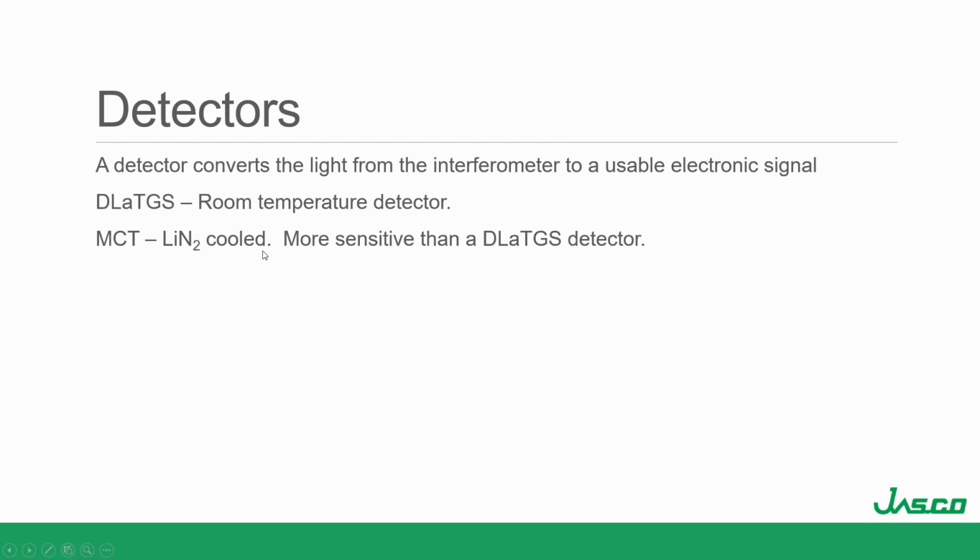The MCT is a lot more sensitive, a couple orders of magnitude more sensitive than the DTGS, and needs to be liquid nitrogen cooled because the background radiation will swamp the detector. It's good for situations where you have just a little bit of sample, so grazing angle, and some gas samples, MCT is good for.